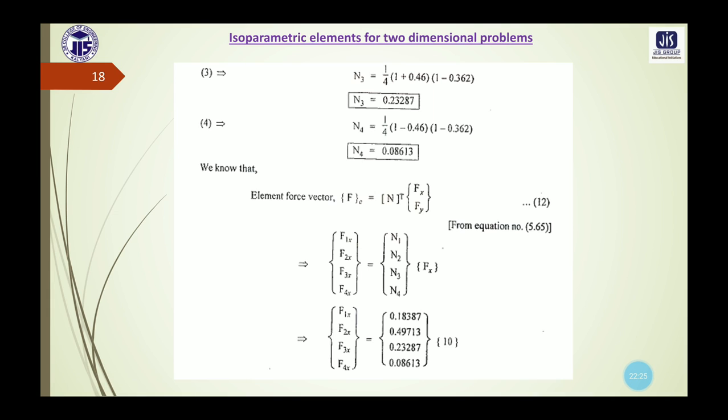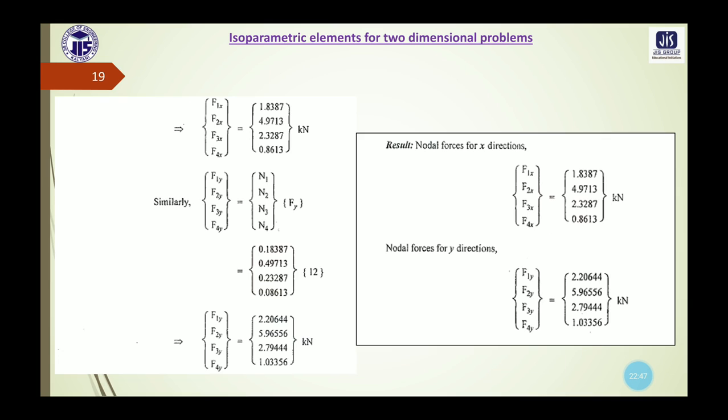So this equals the column matrix of n1, n2, n3, n4 multiplied by Fx. Now the values of these shape functions and the value of Fx, this load, are known to us. So we can put the values here and calculate F1x, F2x, F3x and F4x.